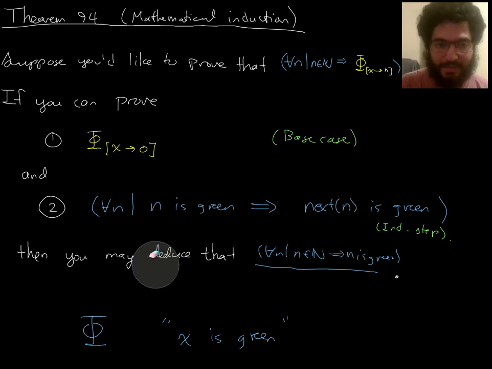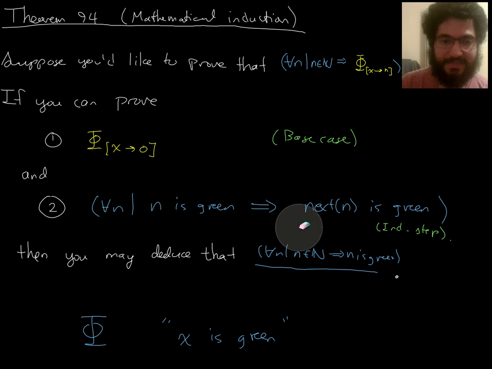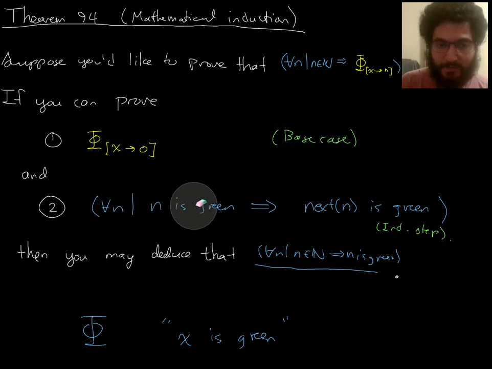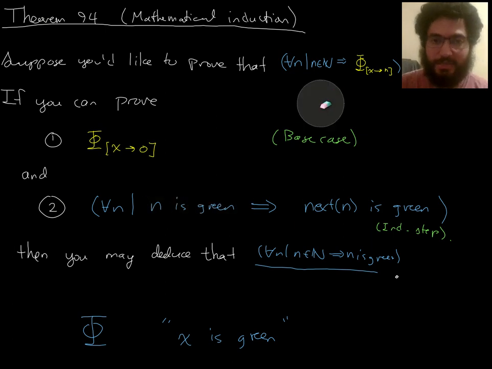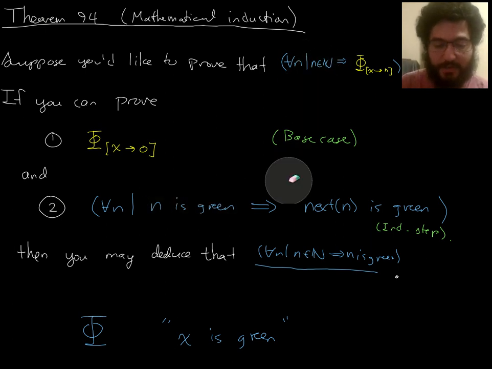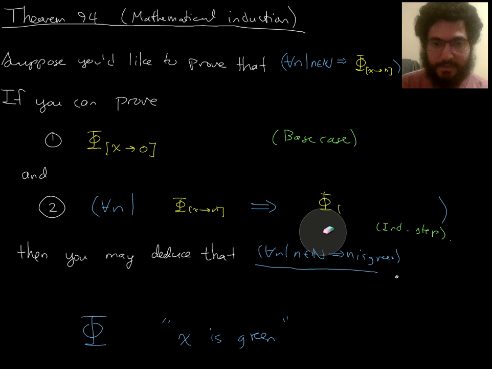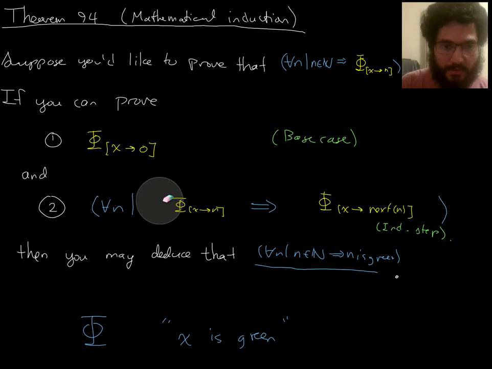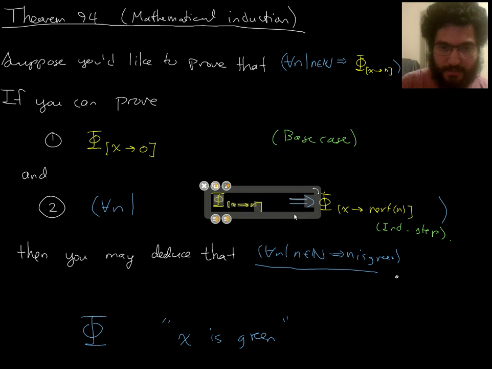That's what you would need. Otherwise, you would have to worry about other green things that are not natural numbers. But this whole thing is about specifically natural numbers. Okay, so let me fix that.